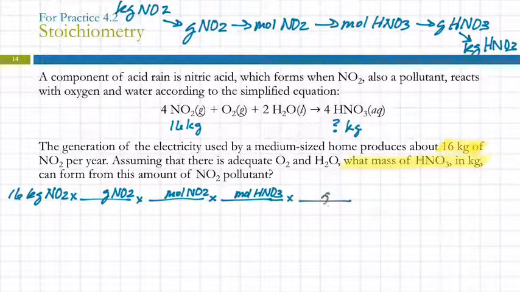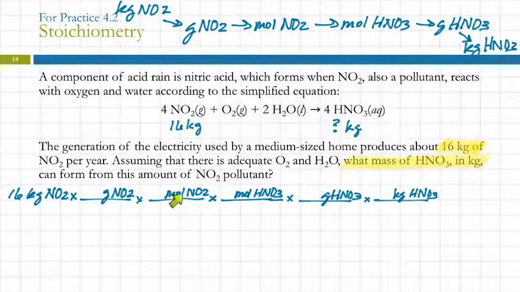And then grams of HNO3 and kilograms of HNO3. So I took these terms and they are in my numerators. There's no thinking involved here, just copy them down, right? Follow the pattern. Sometimes you overthink things and then you screw it up. Just follow the pattern.